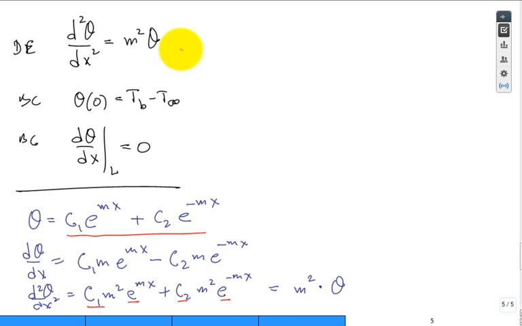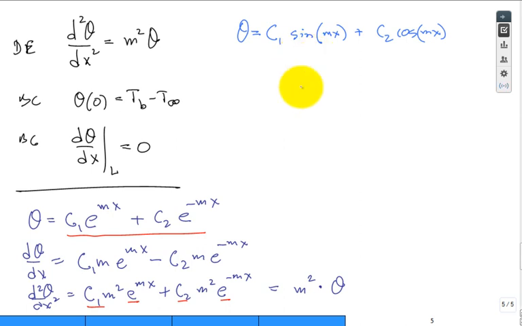That'll take you so far, but then somebody else says, you know what? Let's try C1 sine of mx and C2 cosine of mx. That one will not work, because when I differentiate the sine, it becomes cosine.